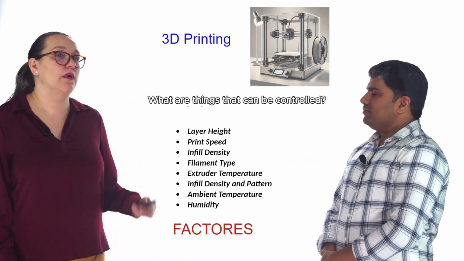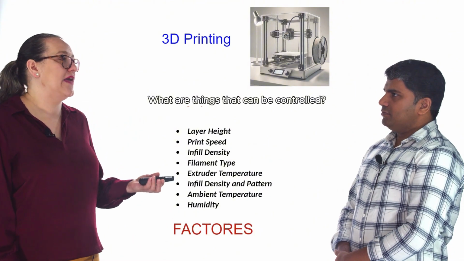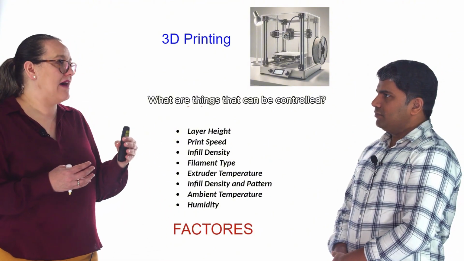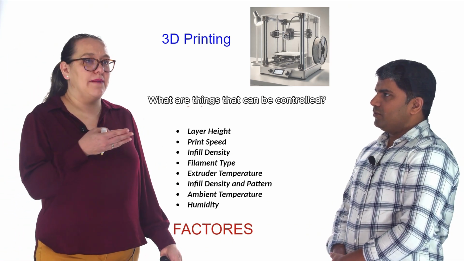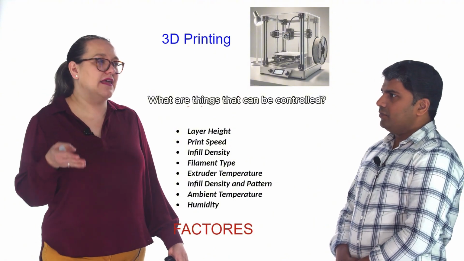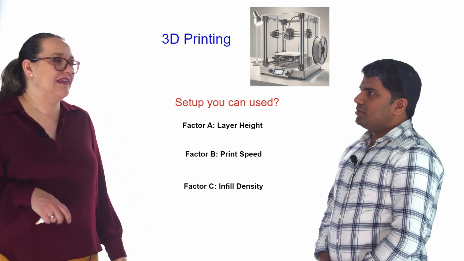Excellent. After you decide which factors you will control, we need to know the values for these factors, which we call levels. We need to check, in this case, the machine specifications, or based on some previous experiment, we define them.